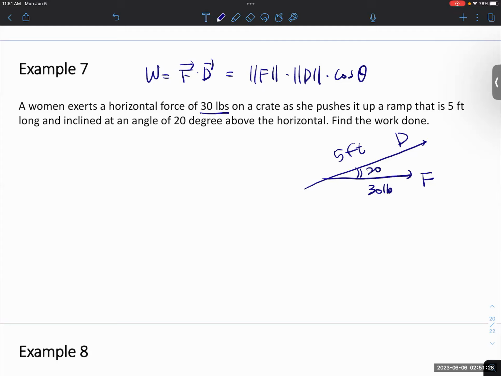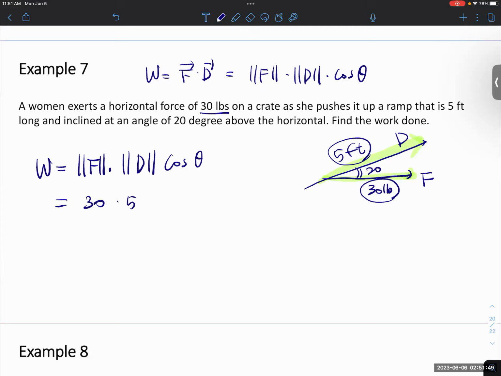So this time, to find the work, we find the magnitude of the force, which is 30, it's given. And then the distance magnitude, 5, that is given because we have two vectors. And then you're going to find cosine theta. So therefore, this is 30 times 5 cosine 20.